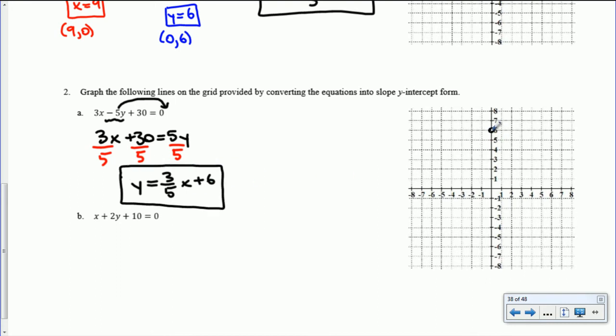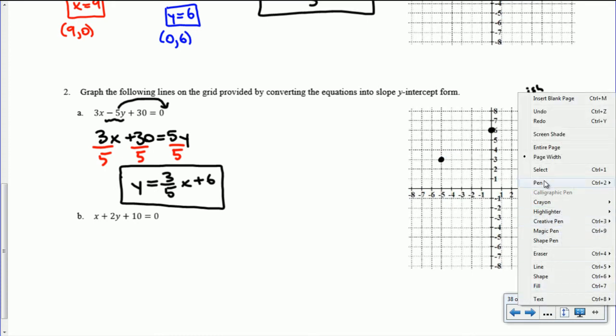So 6 is the y-intercept, and 3/5 looks like we're going off grid. 1, 2, 3. It'll be up here somewhere. Probably better for me to work backwards though, so let's try to find another point where I can actually land on the grid that's provided. So I'd go down 3 and left 5. So that's where the previous point should have come from.